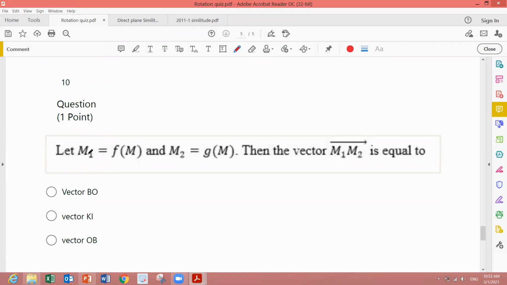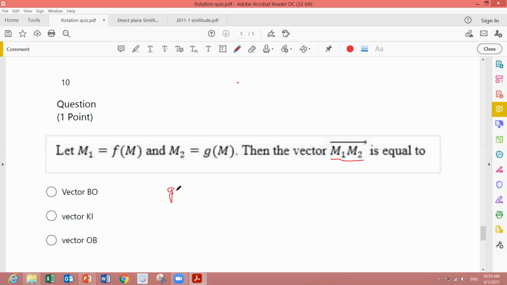Okay, question. Let M1 equal F of M, and M2 equal G of M. Then M1M2 equals which vector? We take F of M equal M1, and F has center I, no, K. What will come out? We get a vector from this.